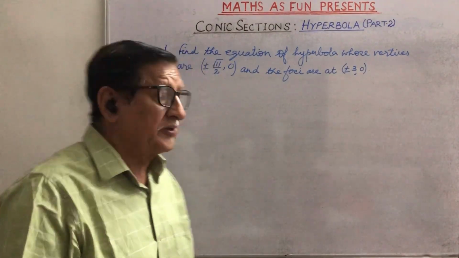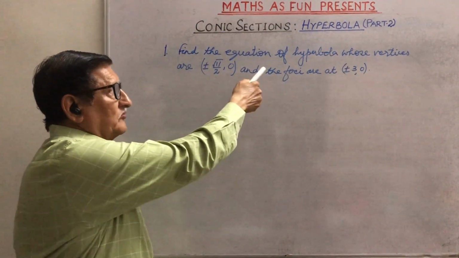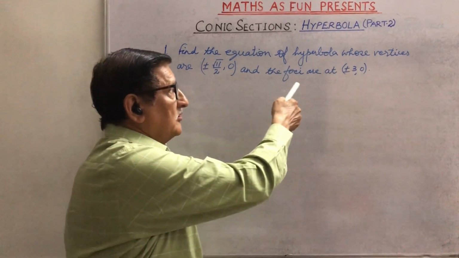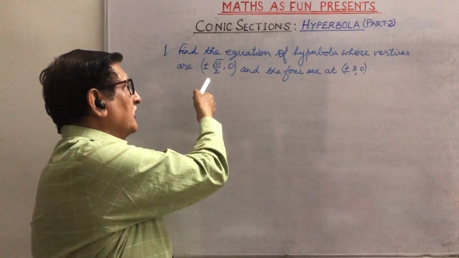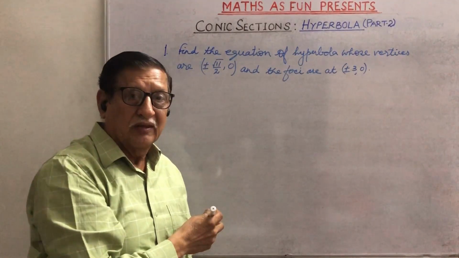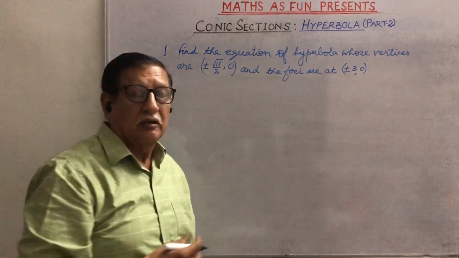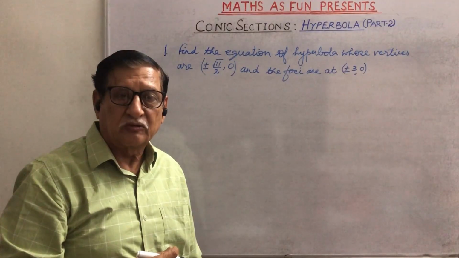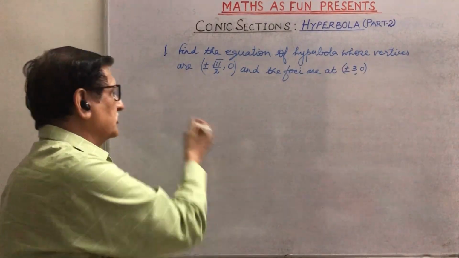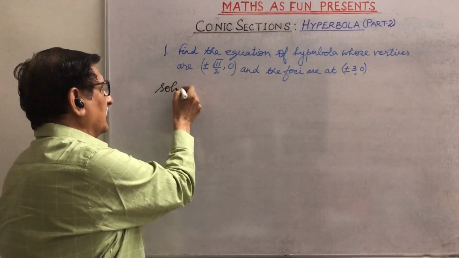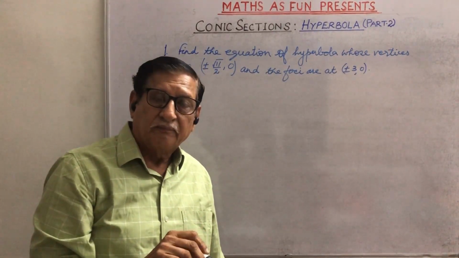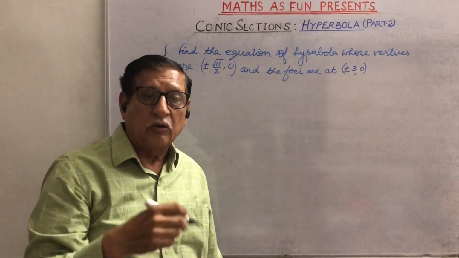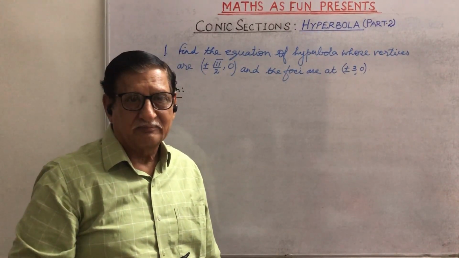The first example here is find the equation of the hyperbola whose vertices are plus minus root of 11 by 2 comma 0 and the foci are at plus minus 3 comma 0. For the solution of such problem, first of all we have to see whether it is the first type of hyperbola or it is a conjugate hyperbola.